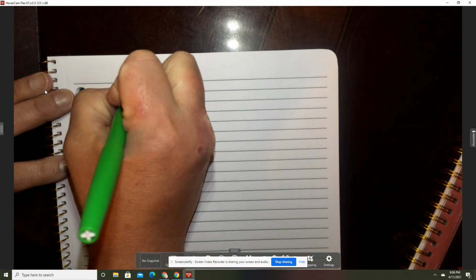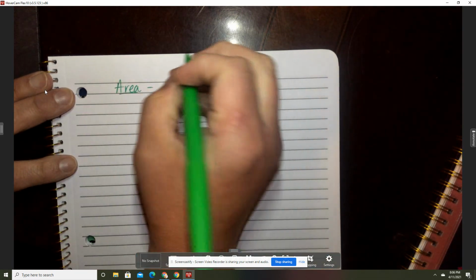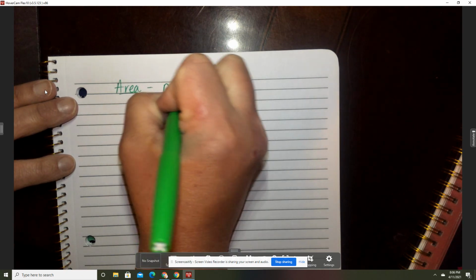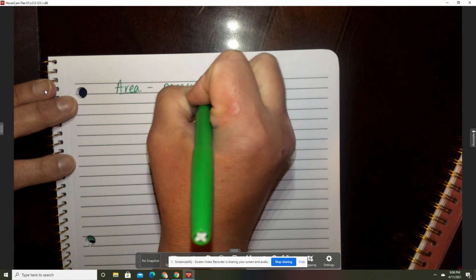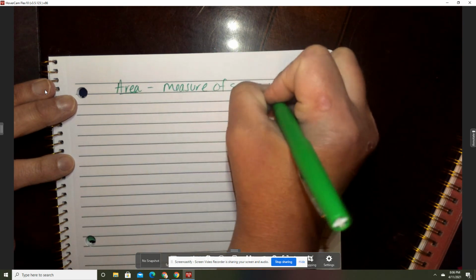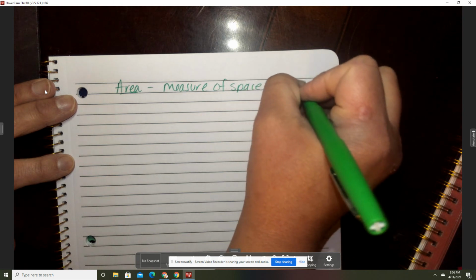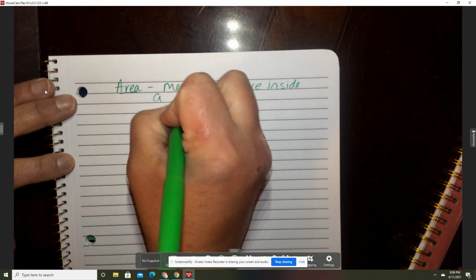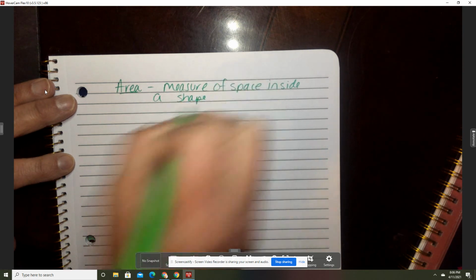Area is the measure of space inside a shape or an object.